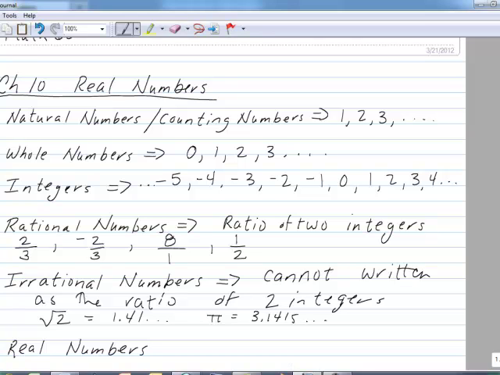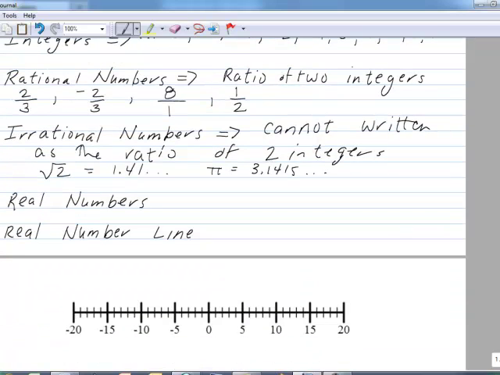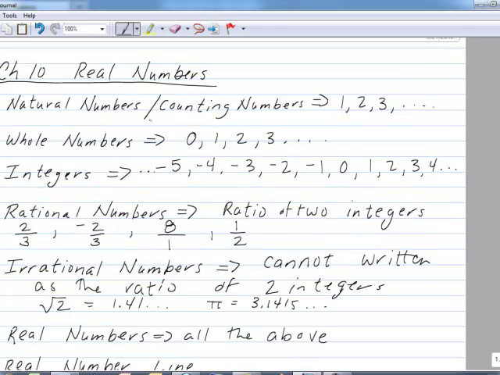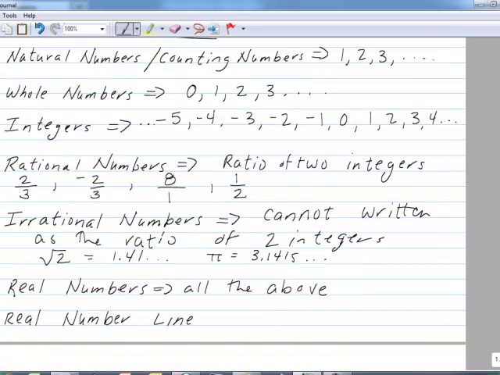All right, now real numbers. Real numbers are all of the above. So all rational numbers, all irrational numbers, whole numbers, natural numbers, counting numbers, integers, rational numbers, and irrational numbers are all real numbers.